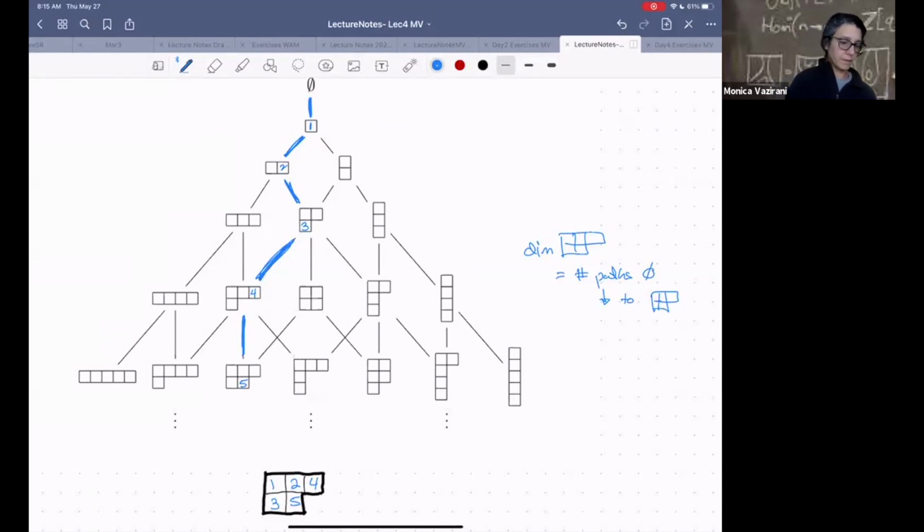Another really nice gadget that we have: if we were to do this for even a larger partition, it can be a little bit annoying to have to draw this whole graph and to actually count the paths and keep track of them all. So we encode this in what's called a standard Young tableau. That means we just have to draw the shape and fill it in with the numbers that gave us our choices of when we added each box.